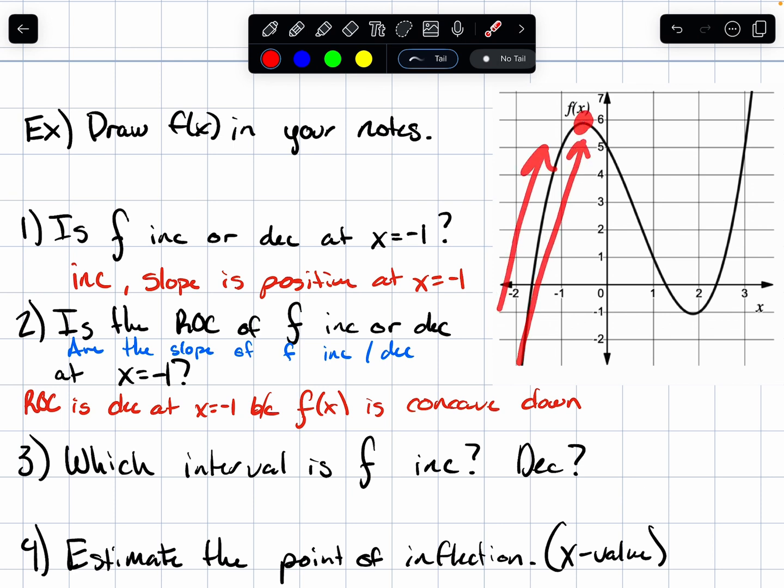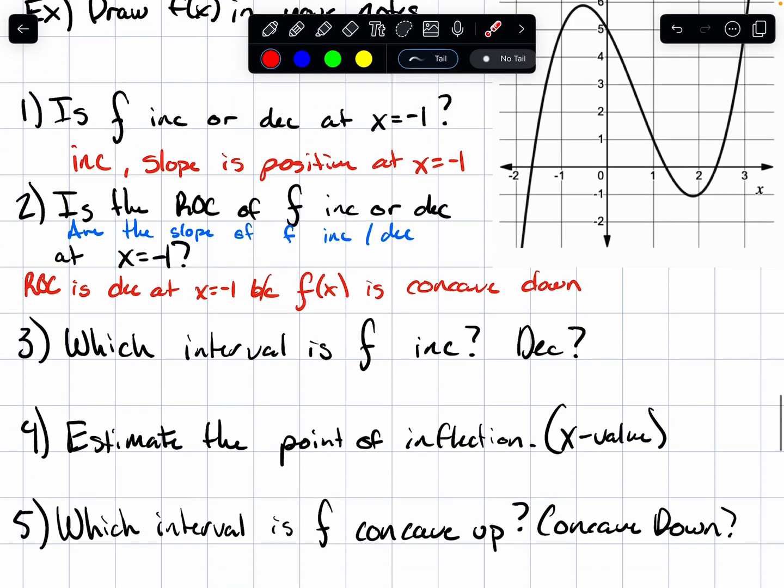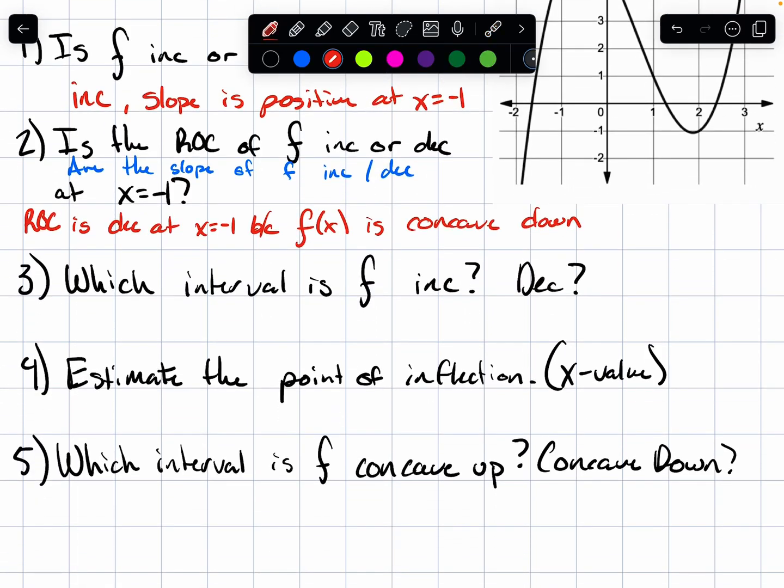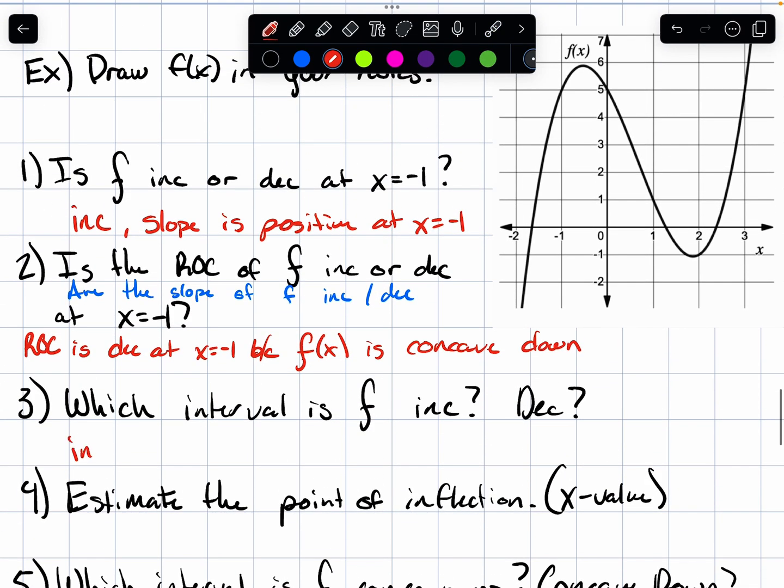I'm going up, and then I'm going down, and then I'm going back up. So I could say from -infinity to about -0.5, we're going up. So let's say I'm increasing on -infinity to -0.5.